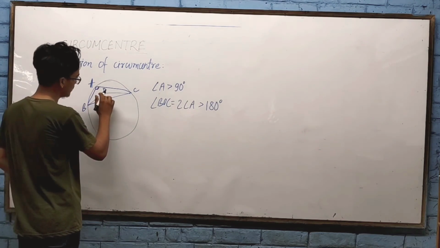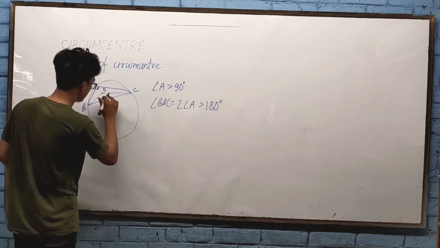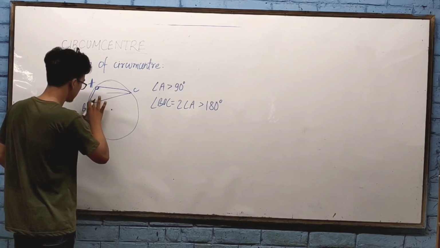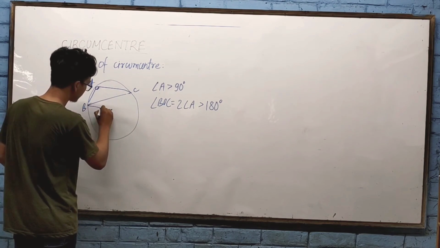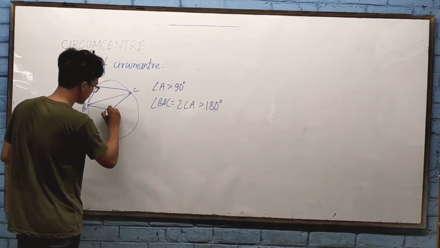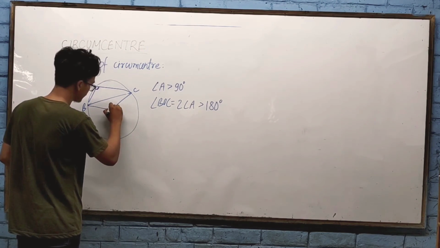So this center must shift outside this triangle, let's say here, so that this angle becomes 2A.